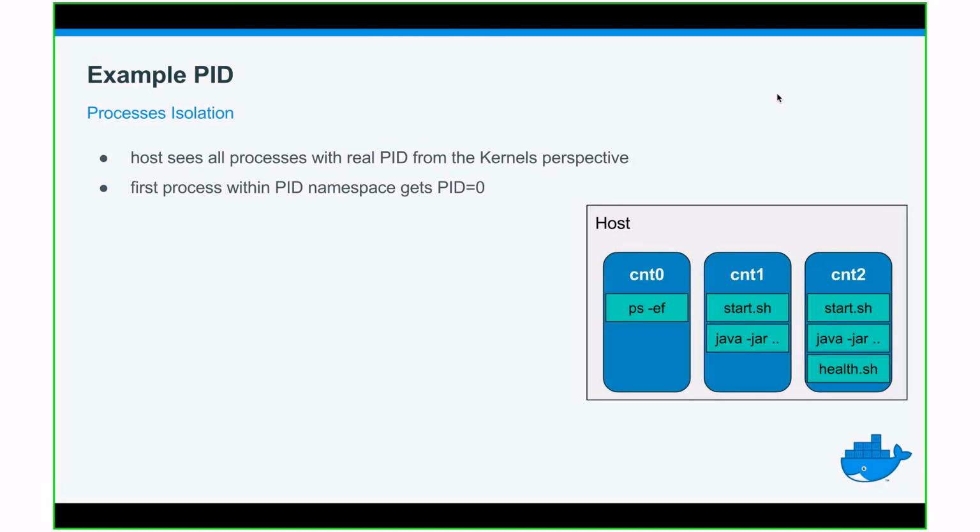So when you start a normal host, the first process will get PID 1, and this will most likely be the init system, and the init system will then start all the different processes. And this namespace you can think of as a resource table. In general, every Linux system has this kind of resource table.